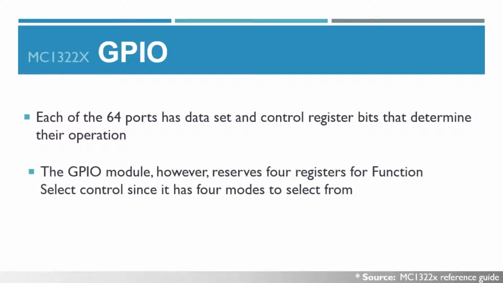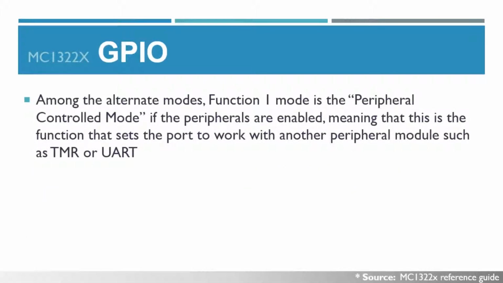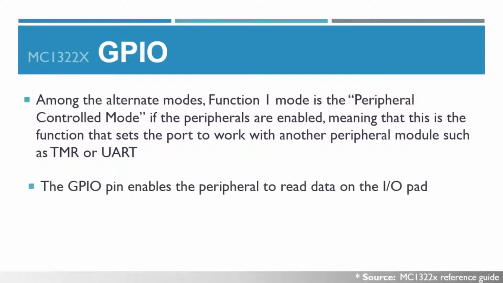The GPIO module, however, reserves 4 registers for function select control, since it has 4 modes to select from. Function 0 is the default mode, and then among the alternate modes is function 1, which is the peripheral controlled mode. If the peripherals are enabled, this is the function that sets the port to work with another peripheral module, such as the timer or the UART.